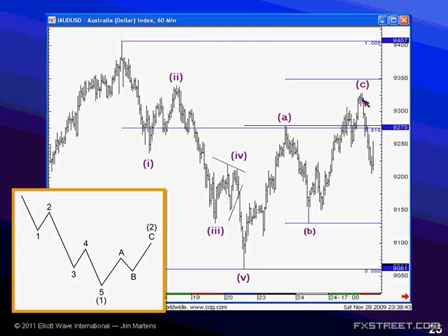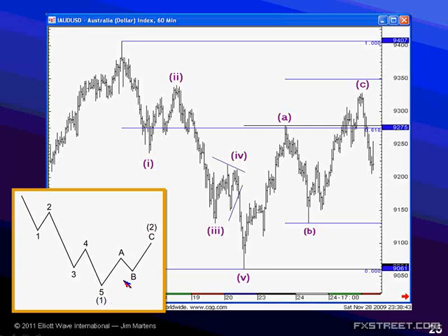Because of the way the guidelines are being adhered to, I may favor one over the rest. But if I'm juggling 2 counts, as I could be here, this could be a 1, like the idealized chart shows, and 2, or I could replace those with A and B. Both counts tell me the same thing.